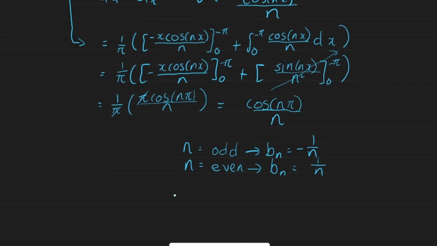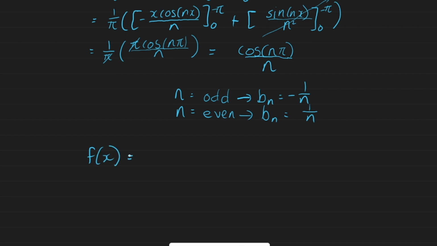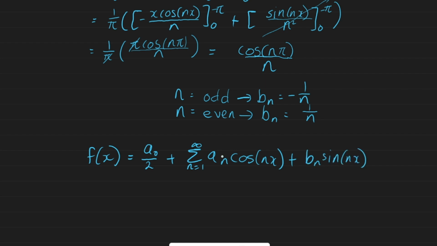So now we can substitute all of these things in our Fourier series. That means that f of x is equal to, so remember the general form of the Fourier series, a0 over 2 plus the sum, where n is equal to 1 to infinity, of an cos nx plus bn sine nx. So a0 was equal to pi over 2, I believe.